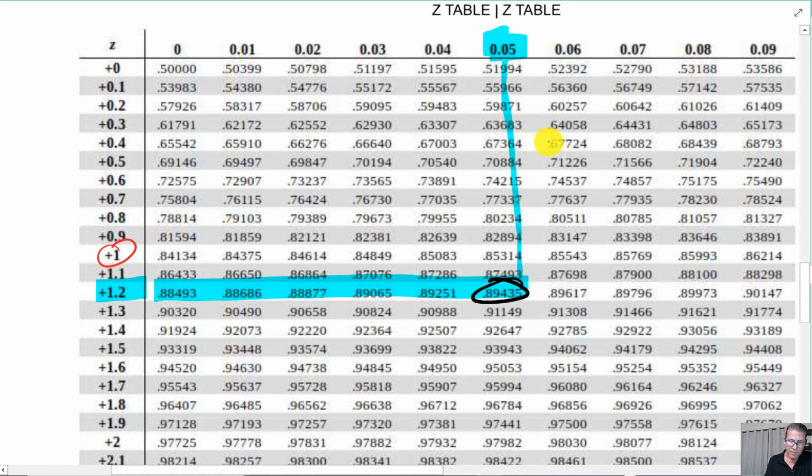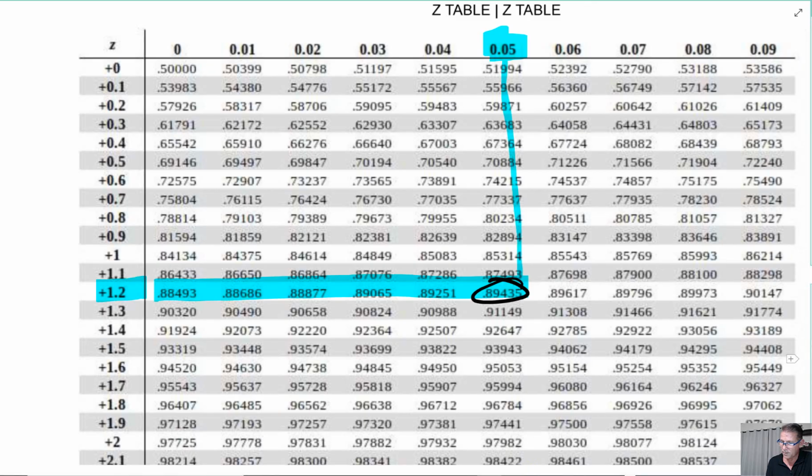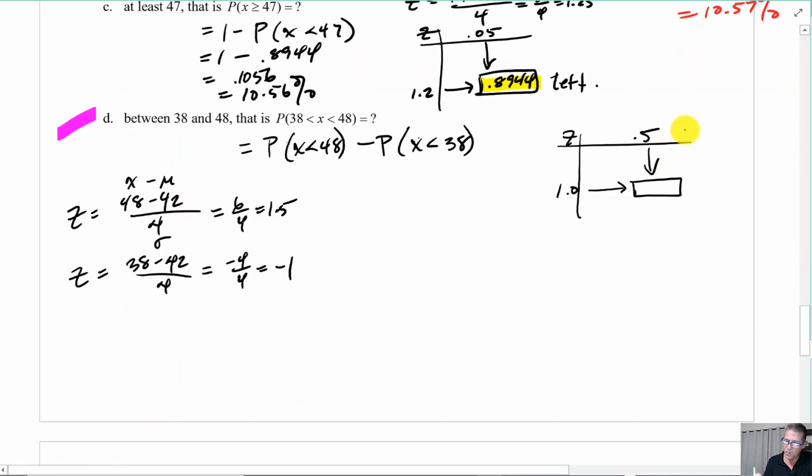No, excuse me, 1.5. Scratch what I just said there, 1.5. So let me fix my little z table here. I didn't mean to say that. So not 1.0, 1.5, and then 0.00.